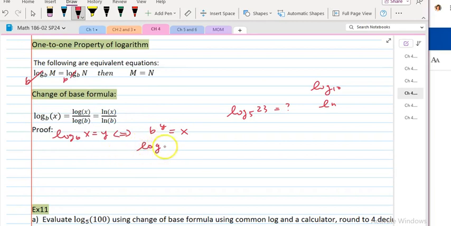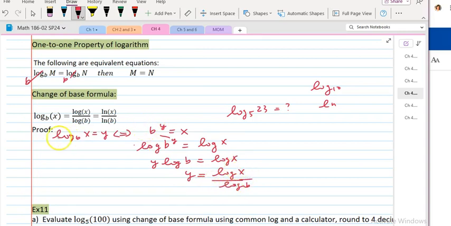So log 10 of b to the y would equal log 10 of x. So this is the equivalent equation. You have two things equal, you apply log base 10, then you move y outside. So y times log b is equal to log x, divided on both sides, so it's log x over log b.